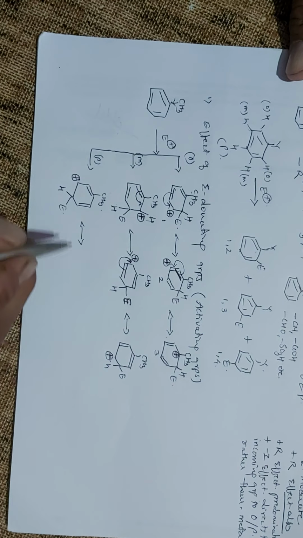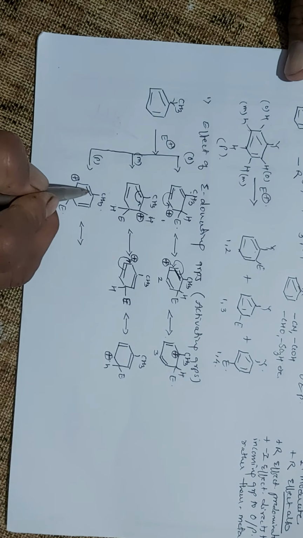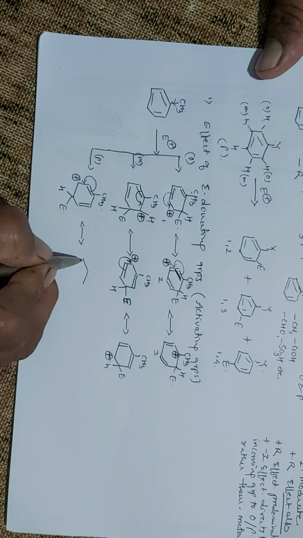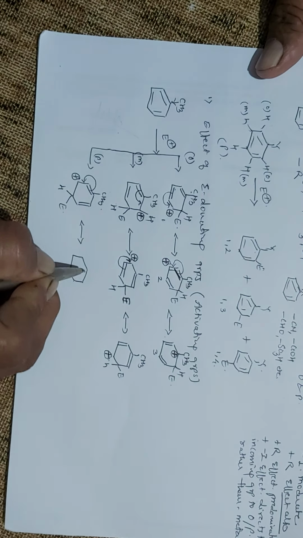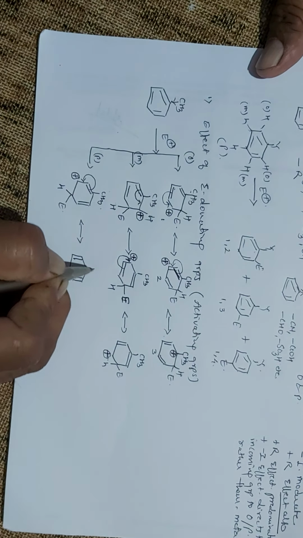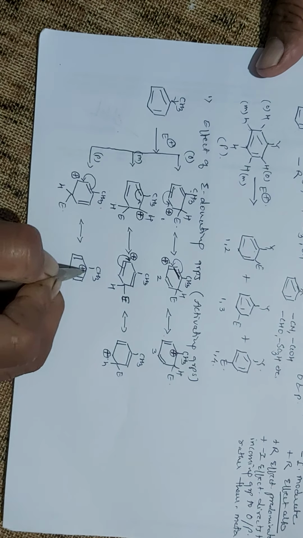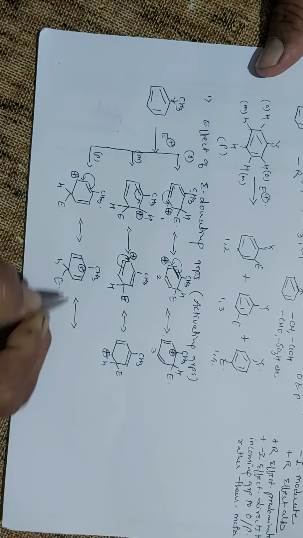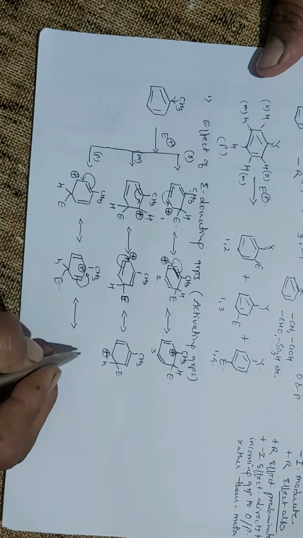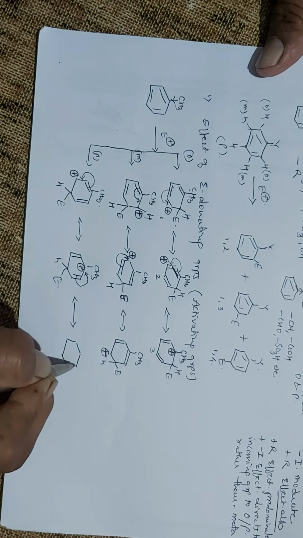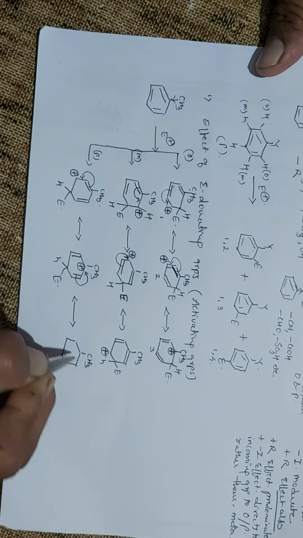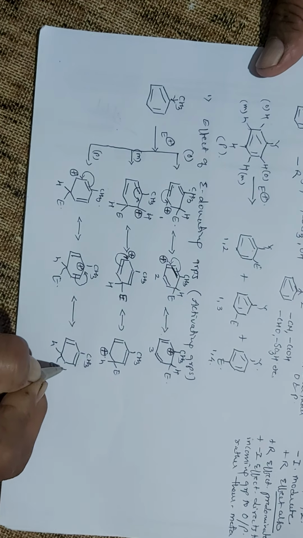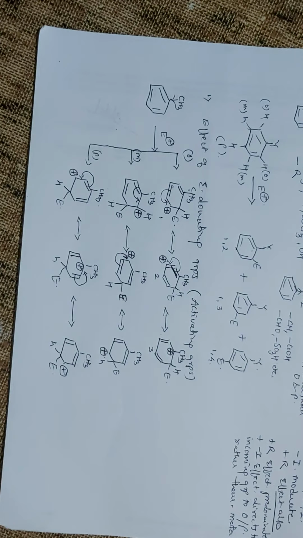When the electrophile substitutes at the para position, this is the case we get, and here this electron pair will be given to the carbocation and the resonance will be formed, which will show H, electrophile, and further this electron pair will be delocalized and you will get the stabilization of the carbocation which is obtained.